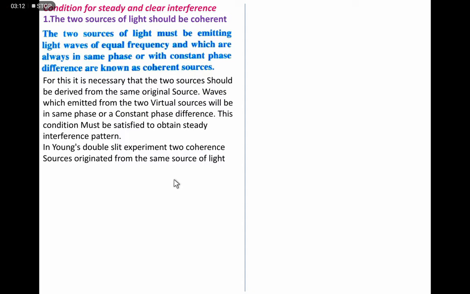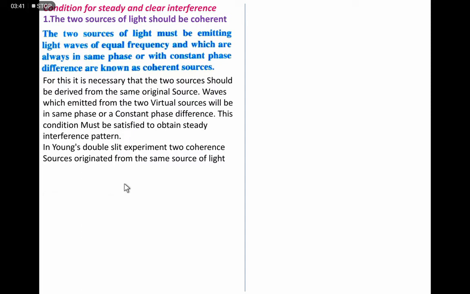If the sources are not coherent, or two different sources are used which do not originate from a single source of light, then the waves emitted are not in phase and the interference pattern will not be obtained on the screen.